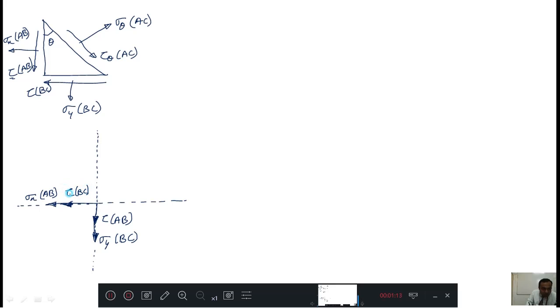Any doubts? No doubt. Now, sigma theta is acting inclined in this direction. This is sigma theta in this direction, AC. No doubt. Now, shear, one more force is acting in this direction.